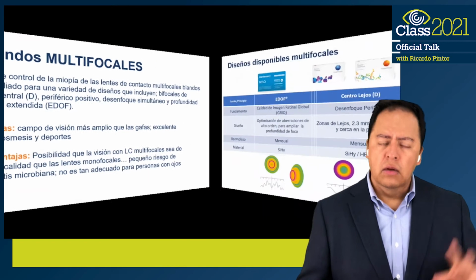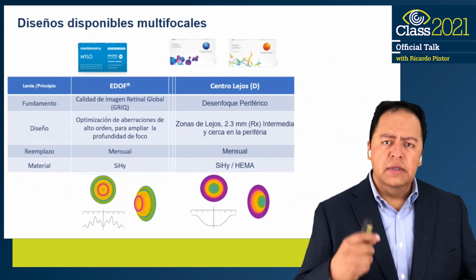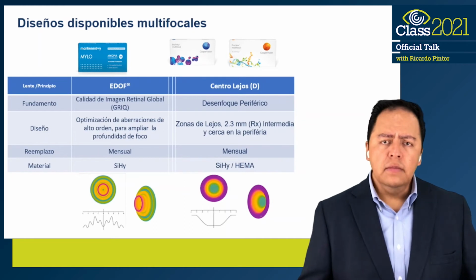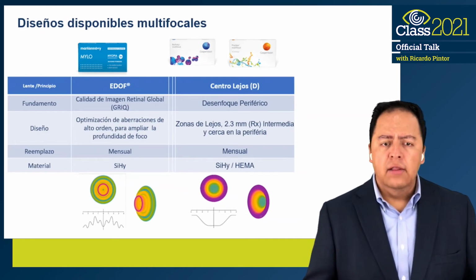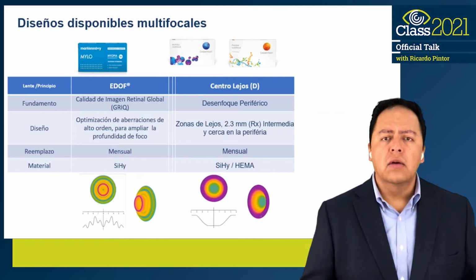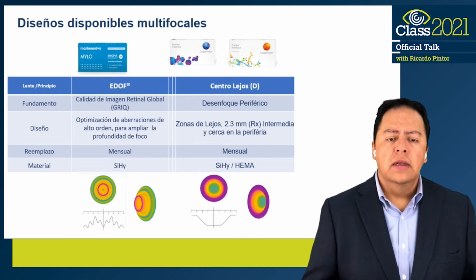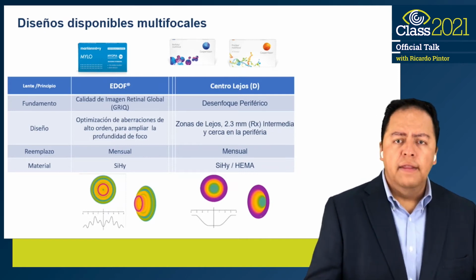I want to make two comparisons regarding the second design that I spoke of, and the design optimized for distance vision in the central portion. The second design was made recently and has had a recent incorporation also in our countries in Latin America, and this design is a monthly silicone hydrogel lens.